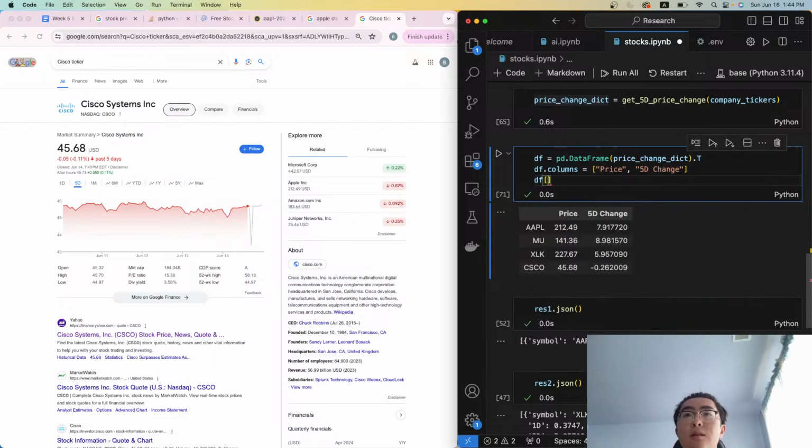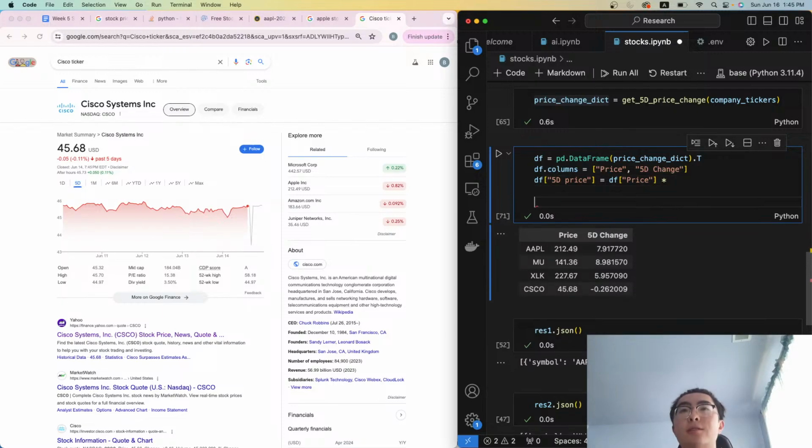So 5-day price is equal to df price times, so 1 plus, right.